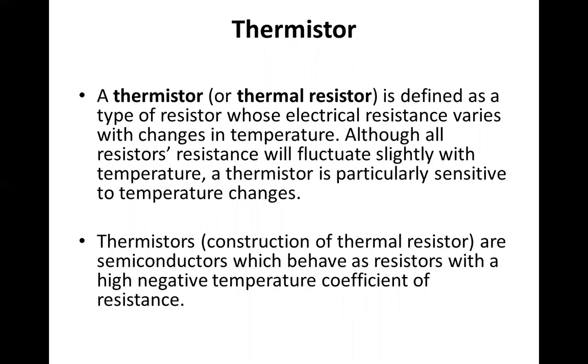Although all resistors' resistance will fluctuate slightly with temperature, a thermistor is particularly sensitive to temperature changes. Thermistors are constructed from semiconductors which behave as resistors with a high negative temperature coefficient of resistance.